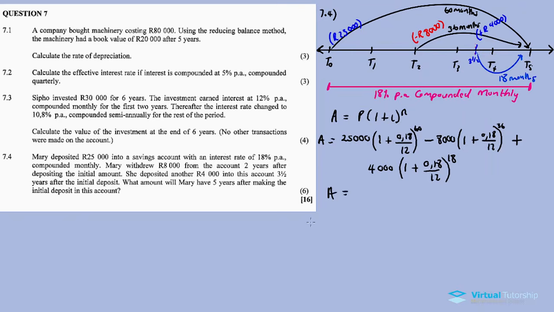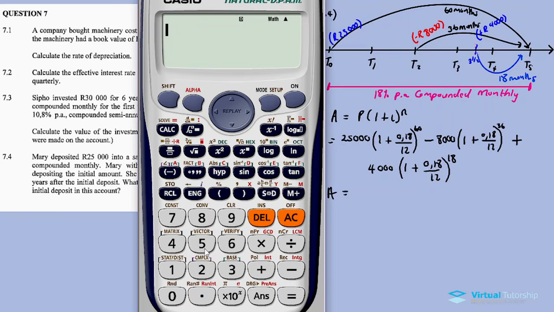Then we calculate and find the answer. So it's 25,000 open bracket 1 plus 0.18 divided by 12, exponent 60, minus 8,000 with its interest, which is 1 plus 0.18 divided by 12 raised to exponent 36, plus 4,000 times 1 plus 0.18 divided by 12 raised to exponent 18.